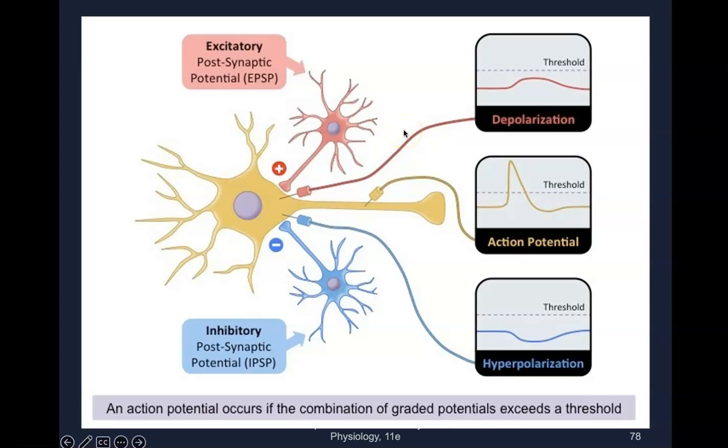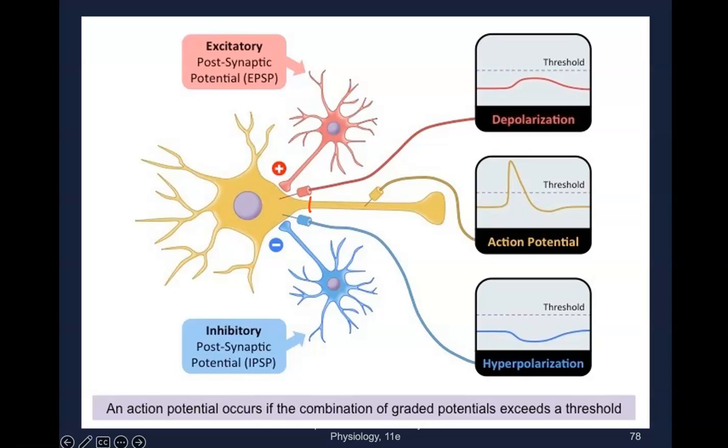I really like this diagram because it puts it all together. What's going to happen is we need these graded potentials in the dendrites and the cell body to hit a threshold point for an action potential to occur.